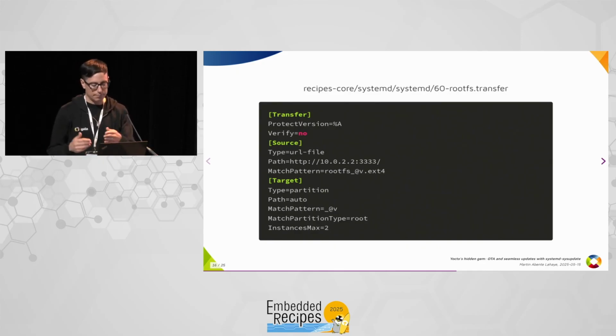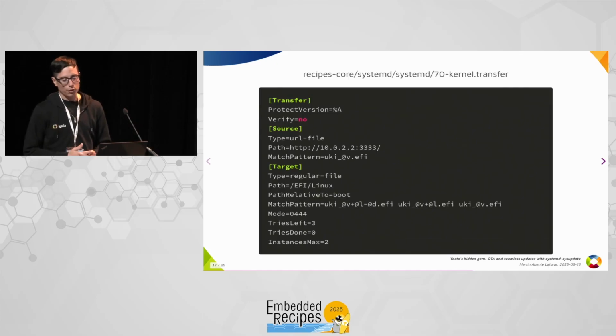So I'm putting there the URL of my update server, and I'm giving it some pattern for it to understand which of the resources that it is serving through this web service corresponds to this resource. And then the Target, which in this case is a partition of type root, and is going to match with the underscore image version, right? That's what the V there is standing for. And I'm only going to have 2 instances for this, because I'm only interested in an A/B schema, right?